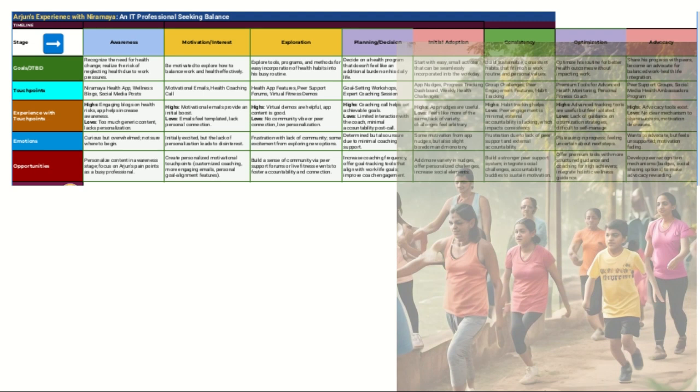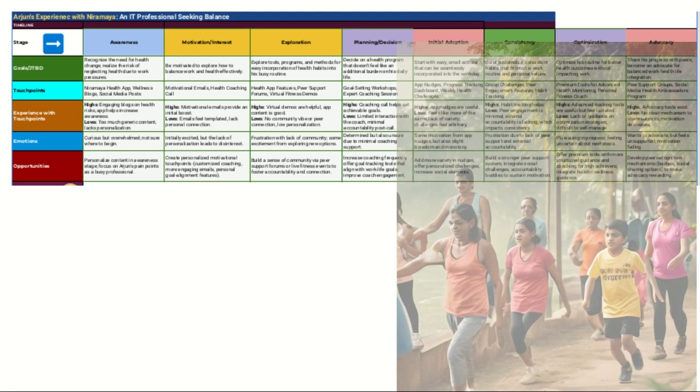So wherever there is a gap, maybe certain pain is not being addressed, maybe certain gain that a persona like Arjun is expecting or hoping for has not been thought through, then that is an opportunity for Niramaya, the team at Niramaya, to start working on. They might use technology, they might just call up and talk to Arjun or whatever; these sort of interventions would be required in order to make that experience at each stage constructive and productive and fruitful.